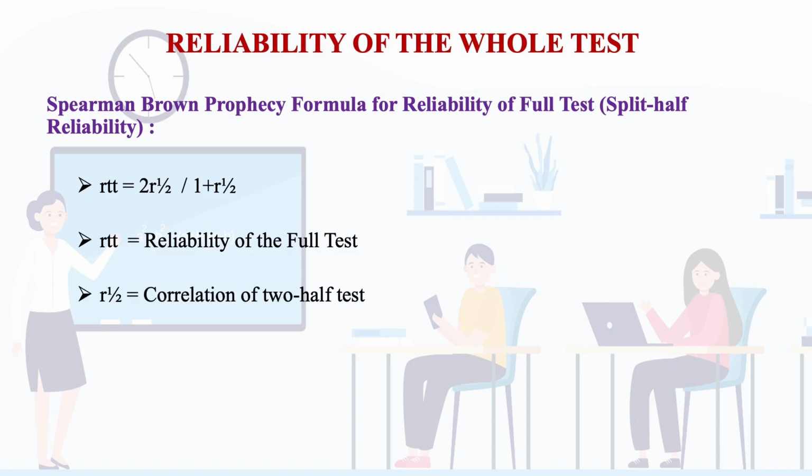That is 2 into R_half: the coefficient of the two half tests that you have already determined, you multiply by 2, then divide by 1 plus R_half. You add 1 to the correlation coefficient of the half test, then divide. If the coefficient you get after applying this formula is greater than 0.5, then you can say that your test is a reliable test.